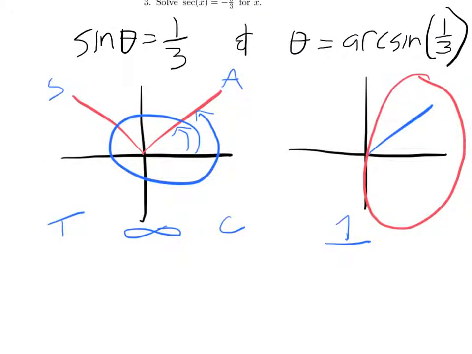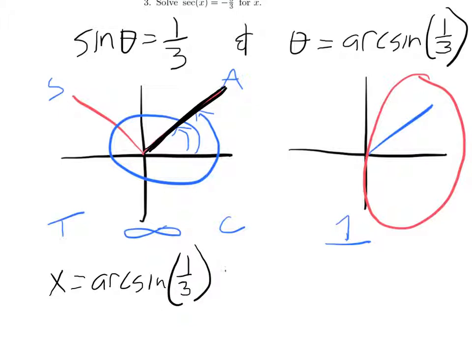If I wanted to write our answers in terms of arc sine, this value right here would just be x equals arc sine of 1/3 plus 2k pi. That would give us all of those answers forever, an infinite number of solutions representing all of these right here.